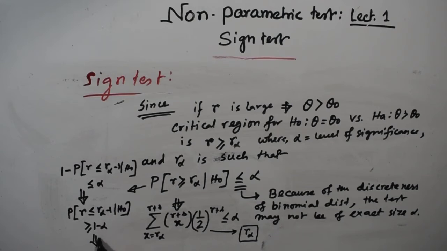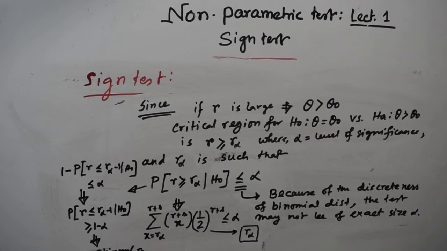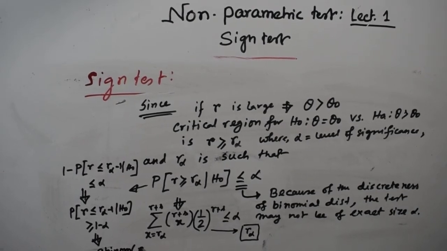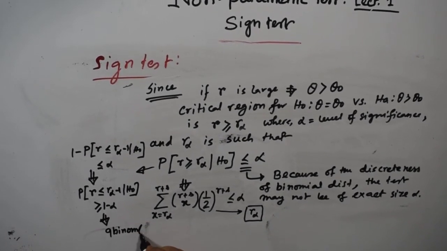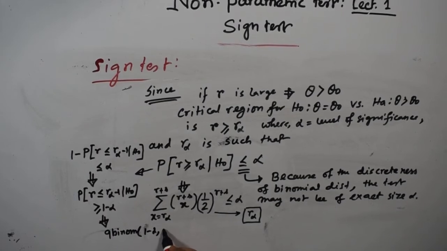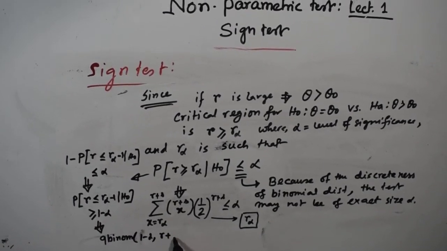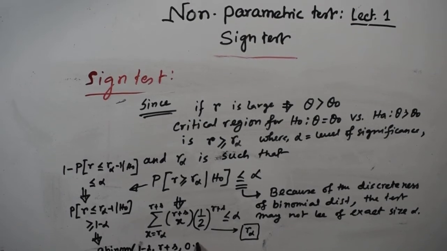Then you use the R code q binom (1 minus alpha, r plus s, 0.5).